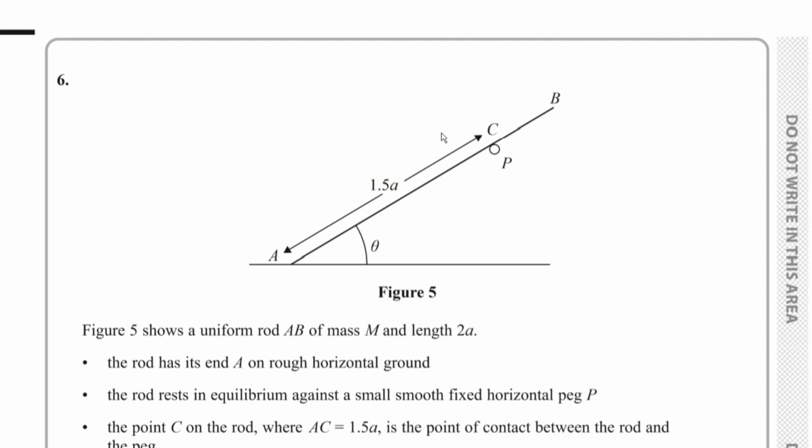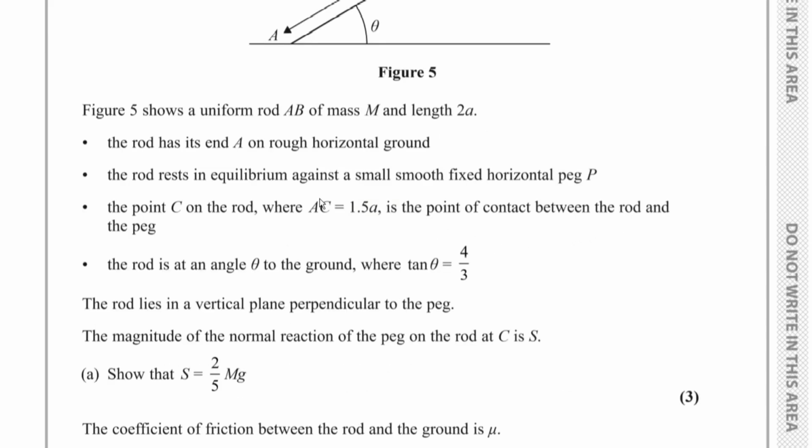Question number 6. Figure 5 shows a uniform rod AB of mass m and length 2a. The rod has its end A on rough horizontal ground. The rod rests in equilibrium against a small, smooth fixed horizontal peg P. The point C on the rod, where AC is equal to 1.5a, is the point of contact between the rod and the peg.